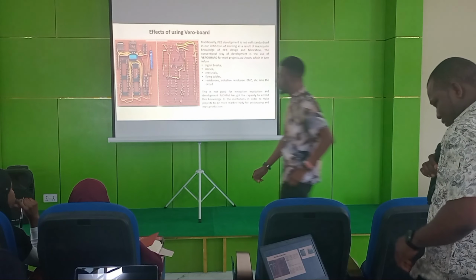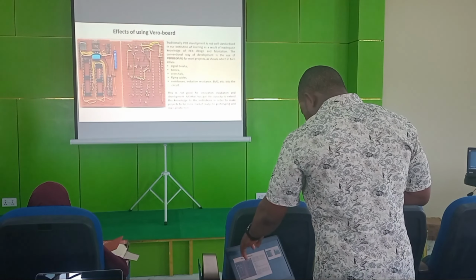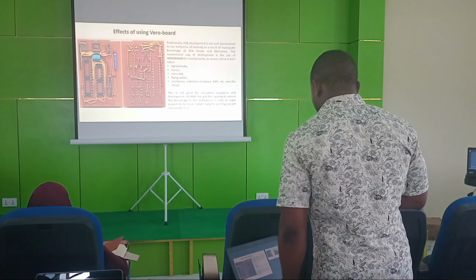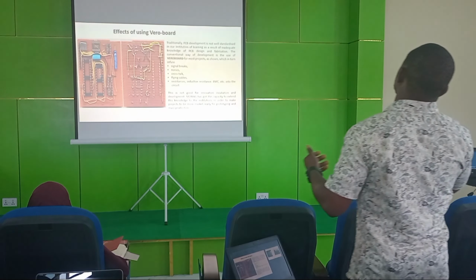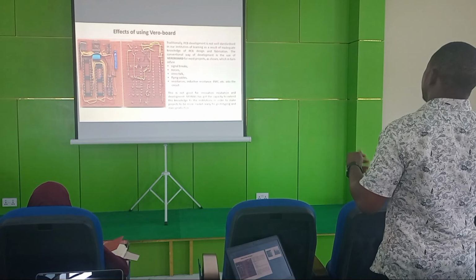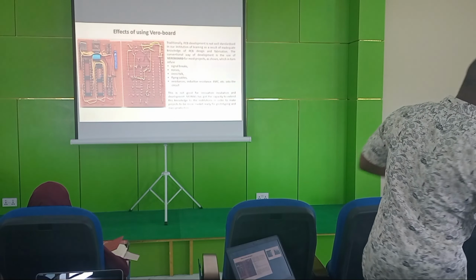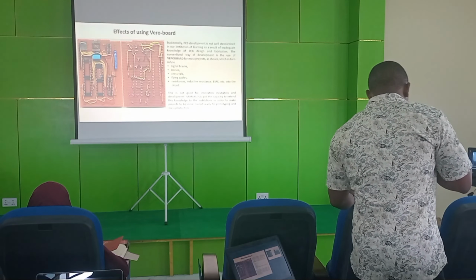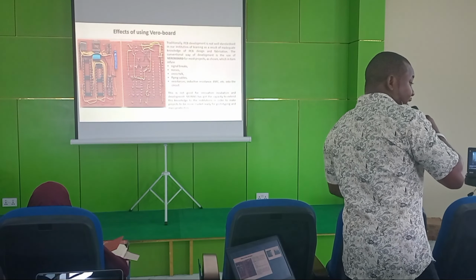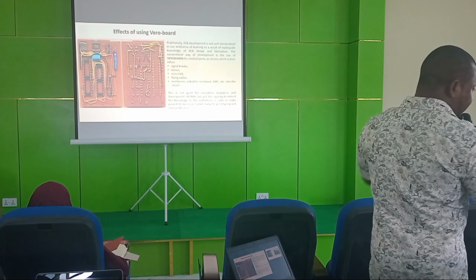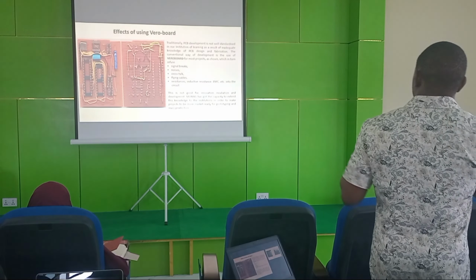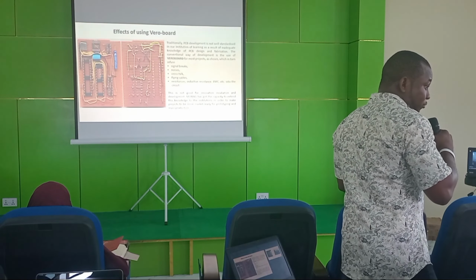So, like we were discussing before, wherever you have a particular project in which you make use of a breadboard and you repeat the same schematic design on different boards, at the end of the day, you have different outputs.